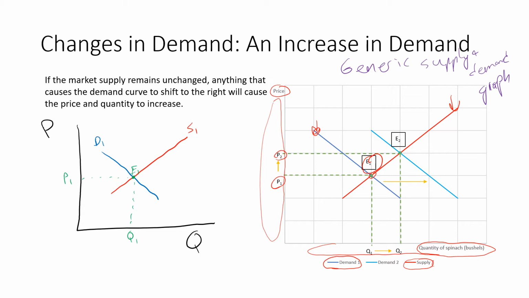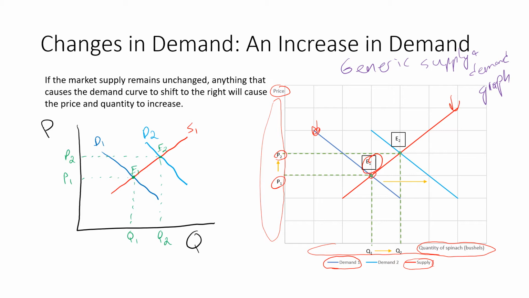Our graph already tells us that our demand shifts to the right, so I can just draw a new demand here, demand 2, and again identify my equilibrium as E2, with a dashed line down to quantity 2, and over to my y-axis for price 2.